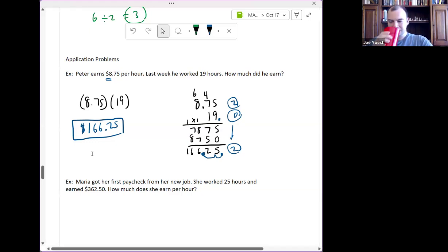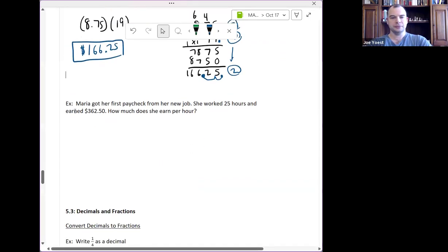Any questions on that one? Okay, so let's look at another payroll example. Maria got her first paycheck from her new job. She worked 25 hours and she earned $362.50. How much does she earn per hour?